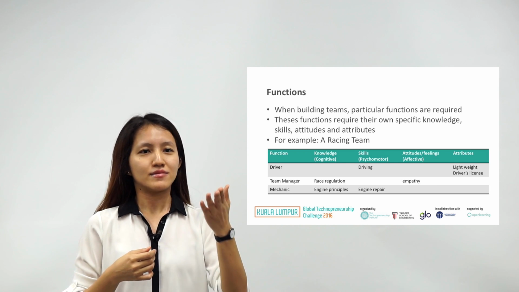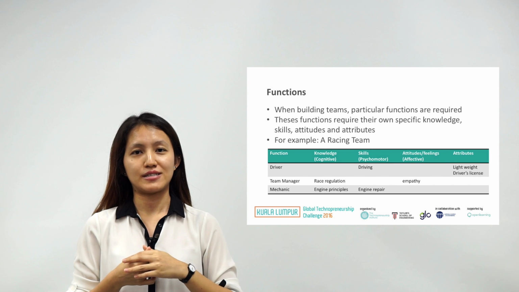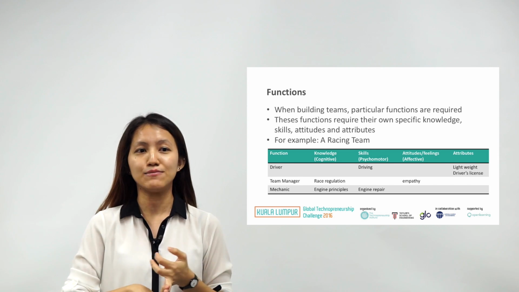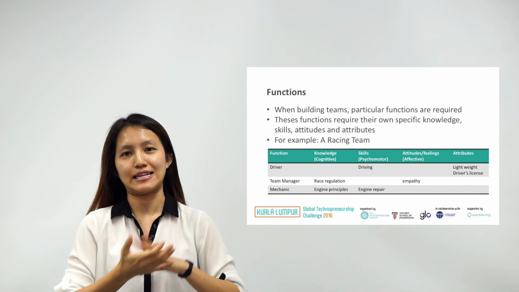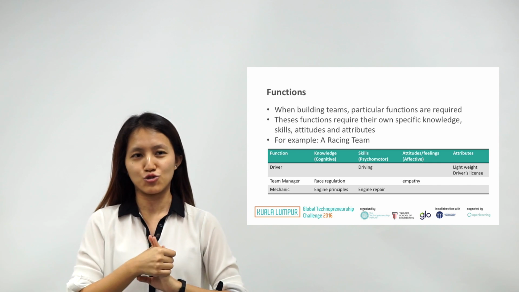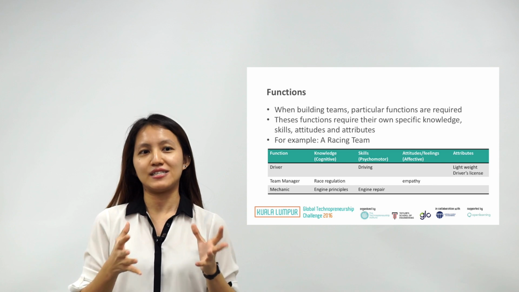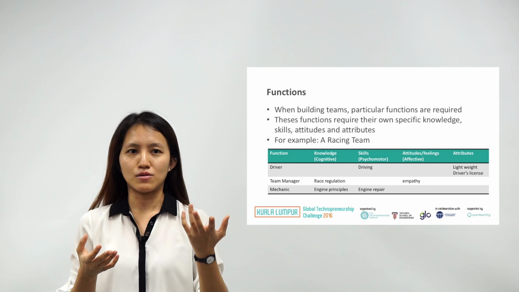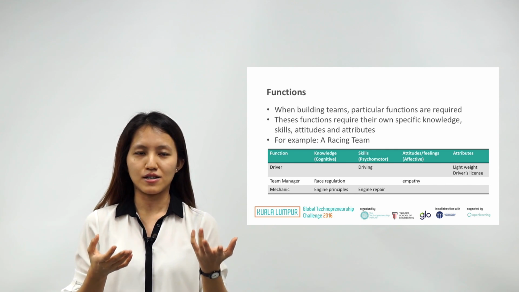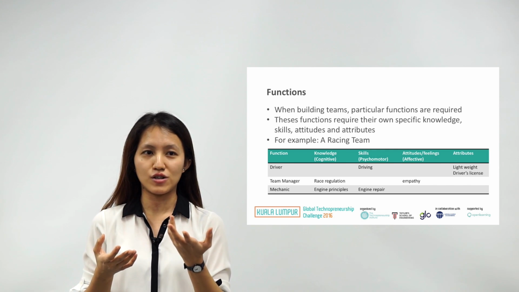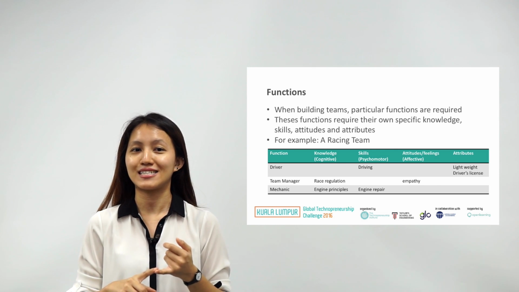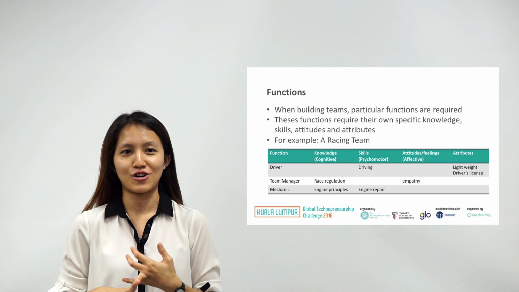This is an example that we gave you. Say we are in a racing team, you will need a driver, a team manager, and a mechanic, at least, so a three-person team as a basic form. The driver will need certain skills like good driving skills, and of course, since you want the car to be fast, you will want the driver to be lightweight and obviously to have a valid driving license.